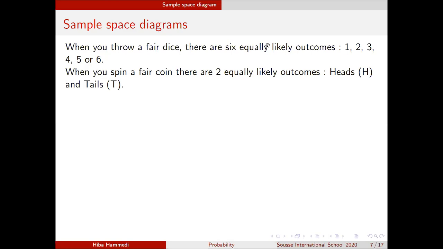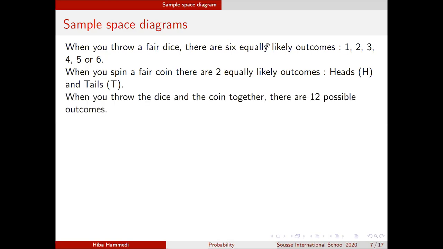Okay. Now imagine I'm throwing the coin and the dice at the same time, right? So I know that I will have 12 possible outcomes if I'm checking what I got from the dice and what I got from the coin. Since from the dice I have 6, from the coin I have 2, so 2 times 6 is equal to 12.